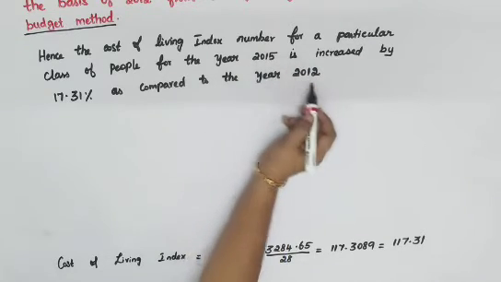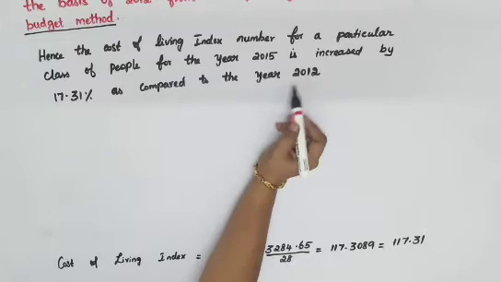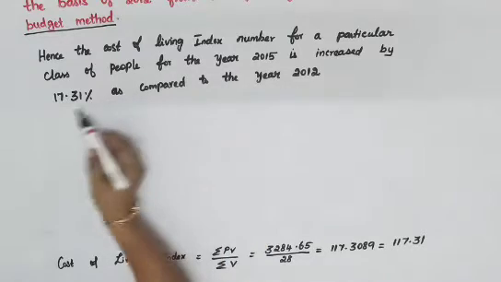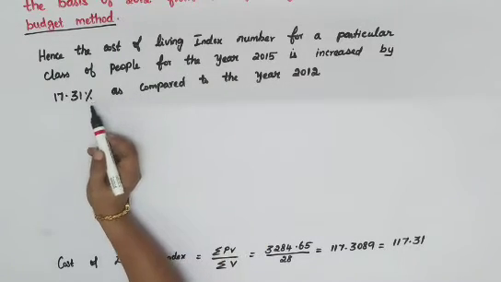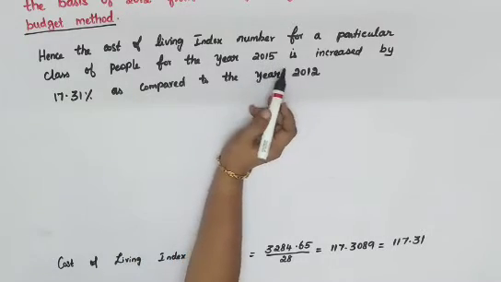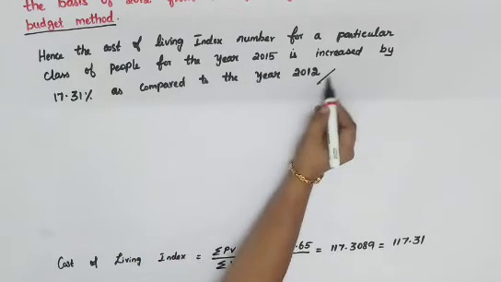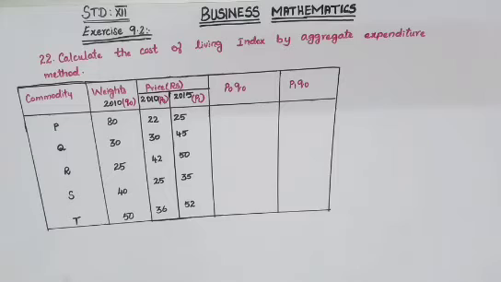So this is your current year and this is your base year. From your base year, 17.31% is increased when it is 2015. So this is your answer for your 21st question.